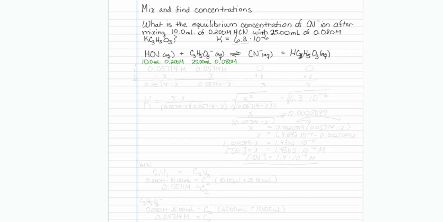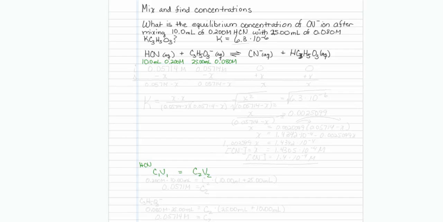Alright, well, this is going to actually start out as a dilution problem. So I'm going to keep my reaction table up here, but just down here, let me remind you that C1V1 is indeed equal to C2V2. So first I'll work on the HCN.